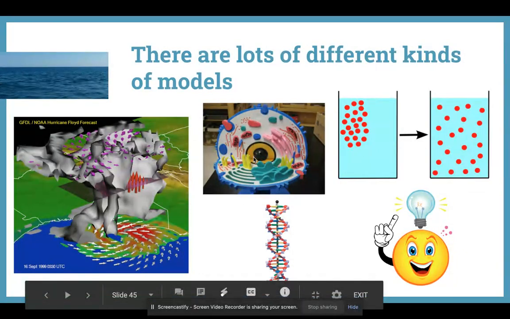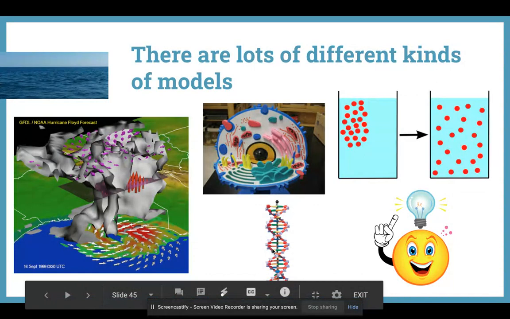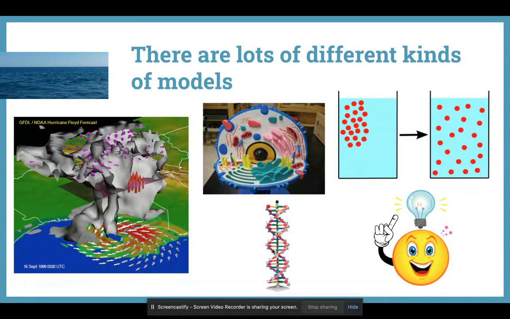Okay, this is a cell model. Very, very simple. It helps us understand what the inside of a cell looks like. Okay, this is a model of meiosis, and this is a physical model of DNA and how it's structured. Okay, so whoever built that model, after they built it, they probably had a better understanding of how DNA functioned than they did before.